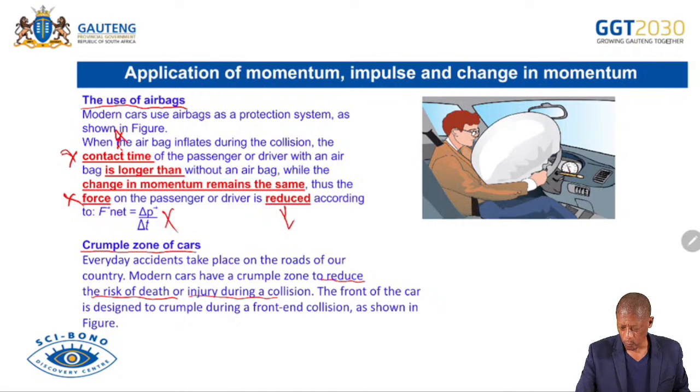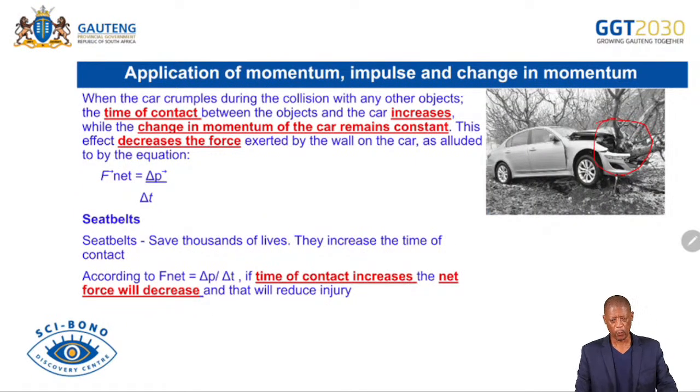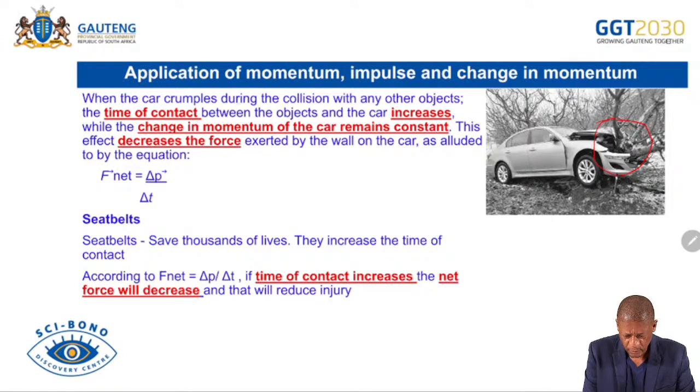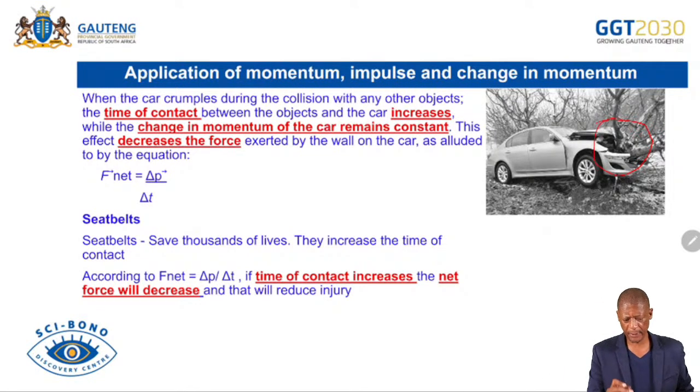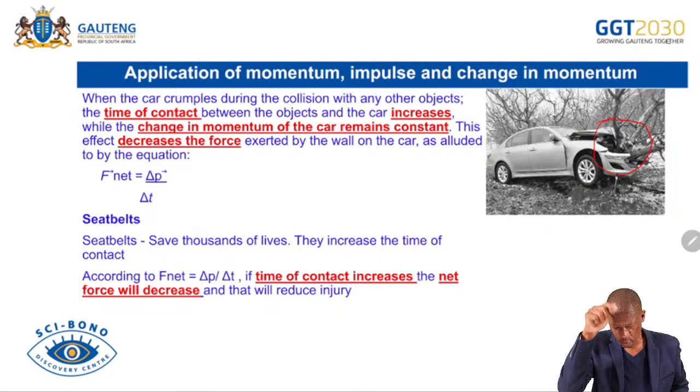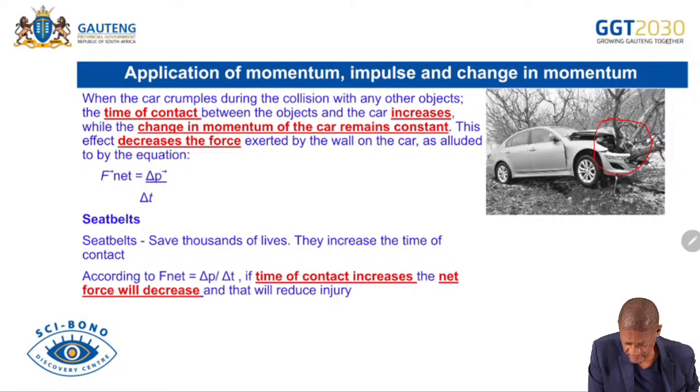Now, what does it do? When a car crumbles during a collision with another car, what is happening? The time of contact, the contact time, between the objects and the car increases.